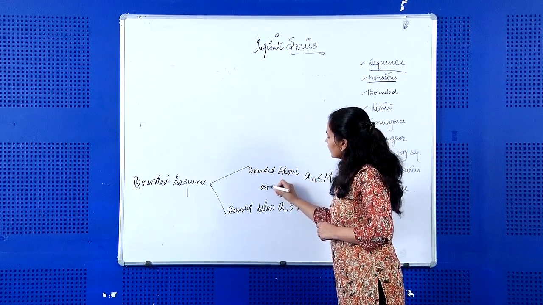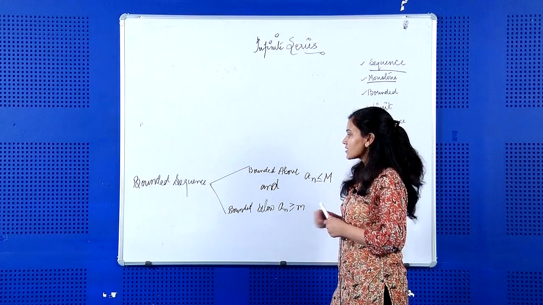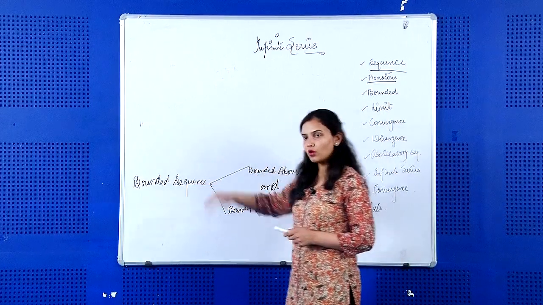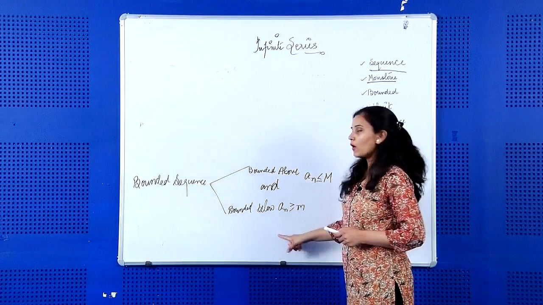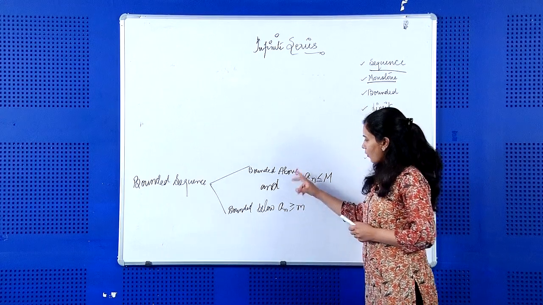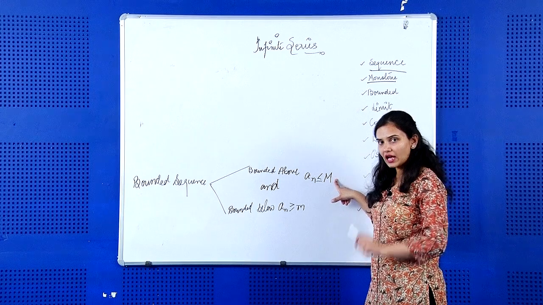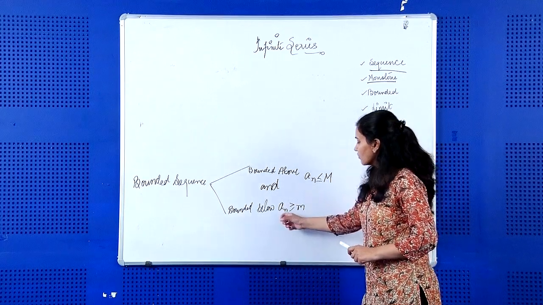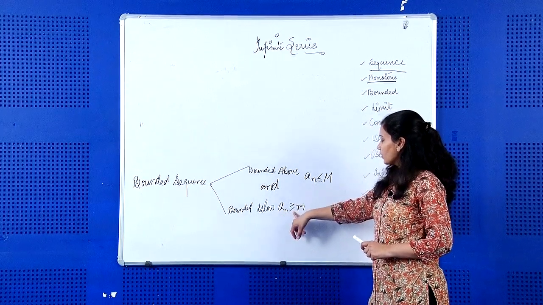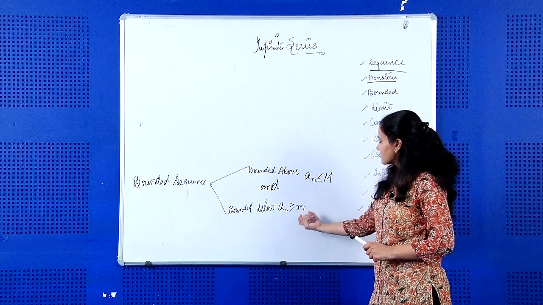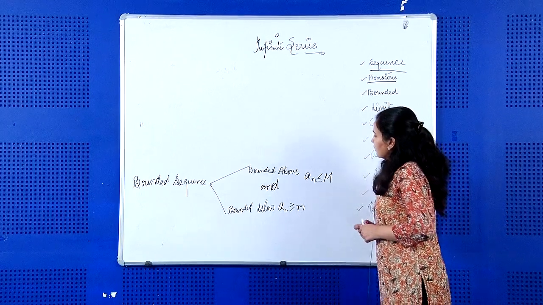So here we will use the word and. A sequence is a bounded sequence if it is both bounded above and bounded below.